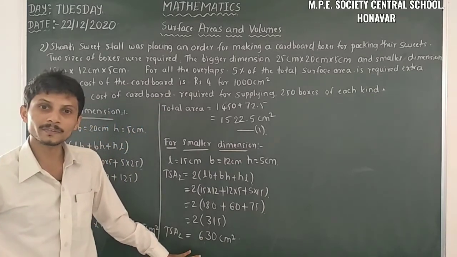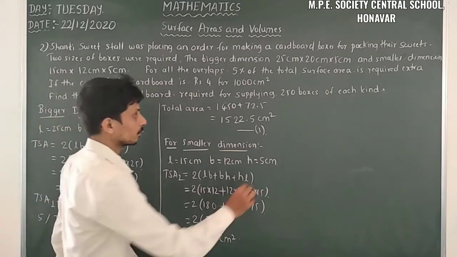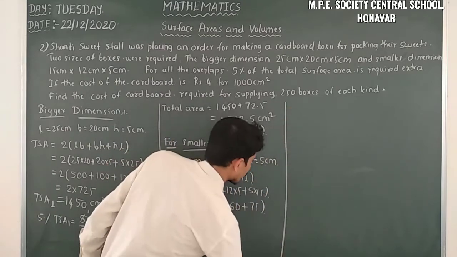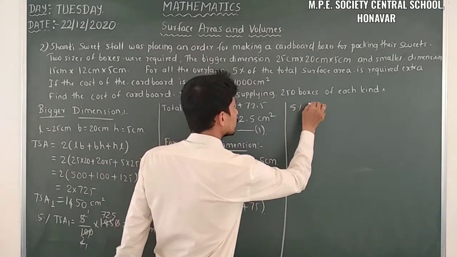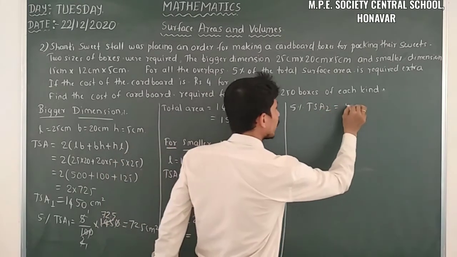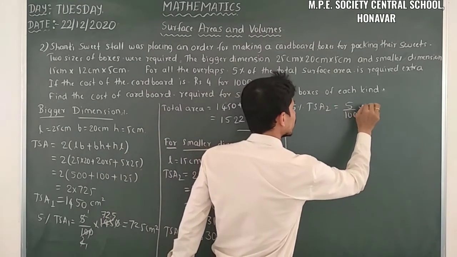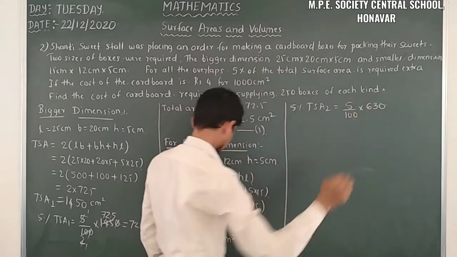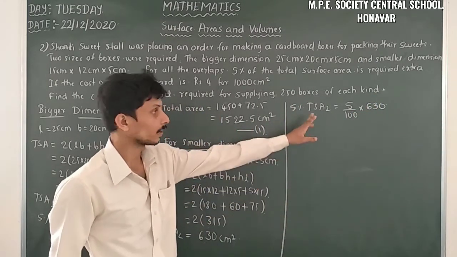Here also we have to find out the 5% of it. 5% of TSA, what is this 5% here? 5 by 100 into 630. We have to find out the 5% of it.